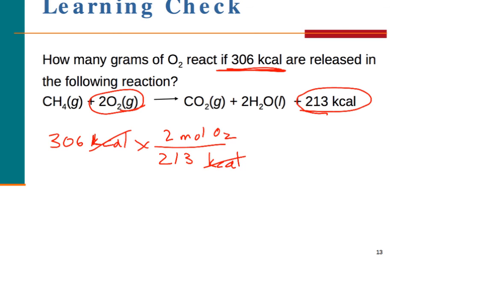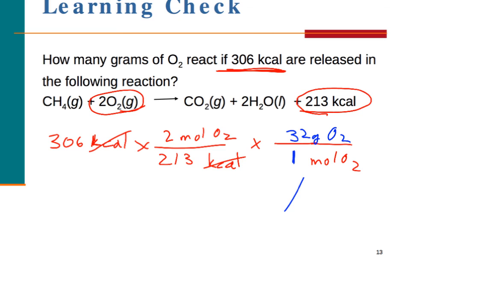However, this time they're not wanting moles of oxygen. So I know I'm going to have to do something to get rid of those moles of oxygen. So once again, I don't need to think. I don't have a unit I want, so I know I have to get rid of it by placing it down there where it cancels out. Well, happily, the periodic table tells me that 1 mole of oxygen is 32 grams of oxygen.